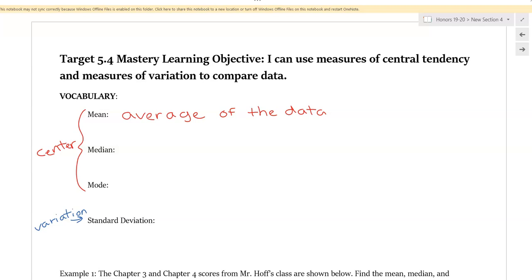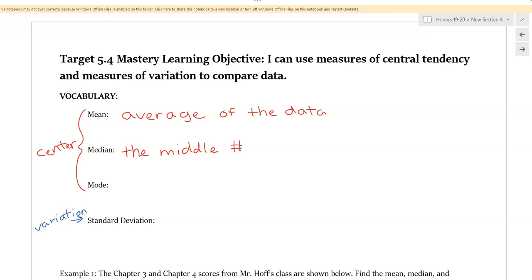Median. Median is the middle number. So if I list all my numbers in order from smallest to biggest, the one right in the middle is your median.